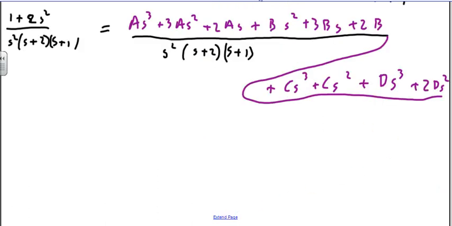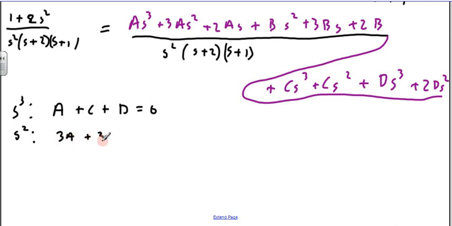Now all I have to do is calculate A, B, C, and D. So I look at the s cubed term, and I see that A plus C plus D has to be 0. I look at the s squared term, and I see that 3A plus 3B plus C plus 2D has to be 2, because I have a 2 in front of the s squared term.